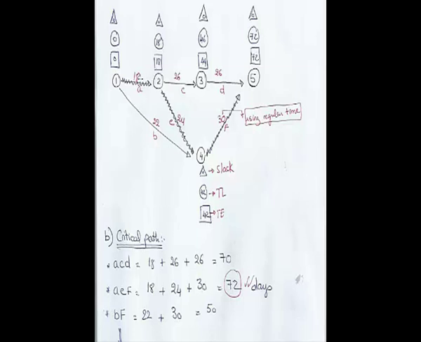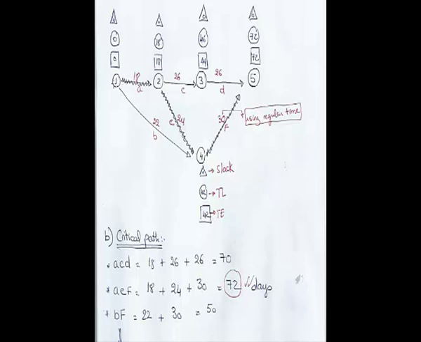AEF equals 18 plus 24 plus 30, which is equal to 72, and BF equals 22 plus 30 equals 50. The largest number of days is in the path A, E, and F.